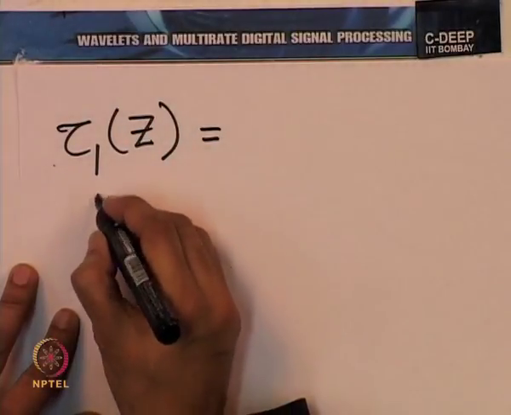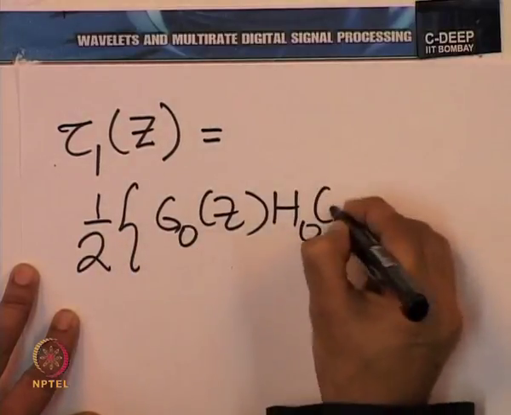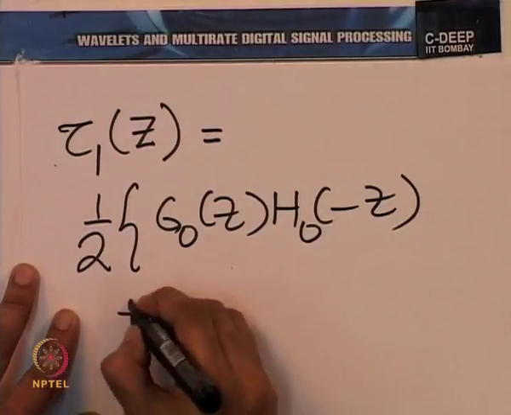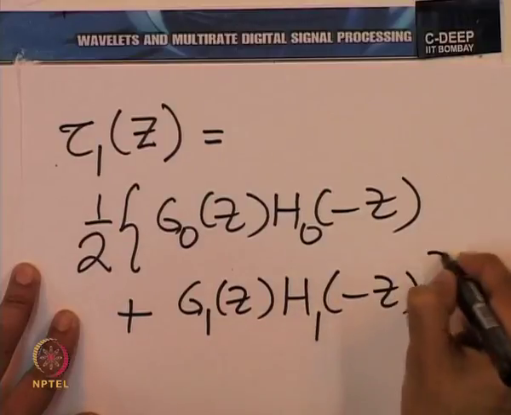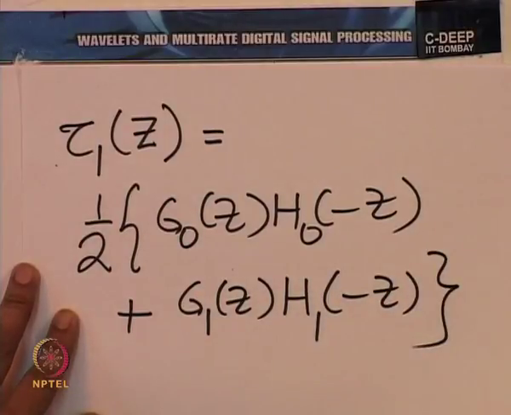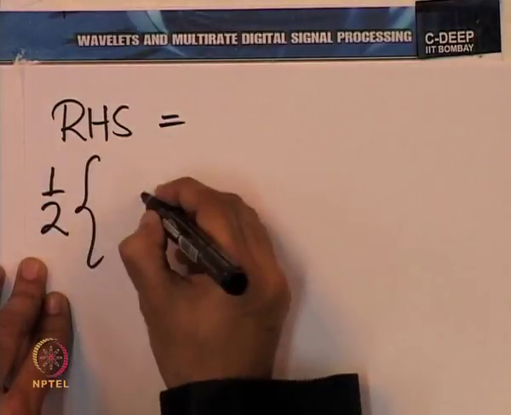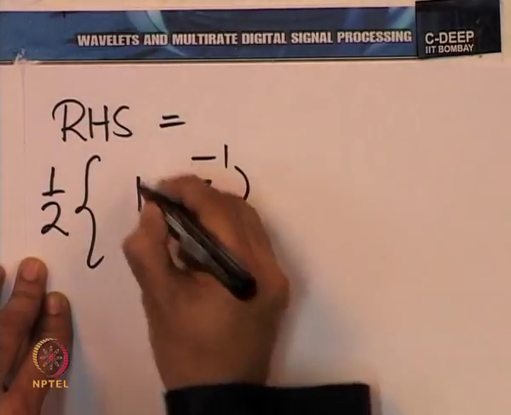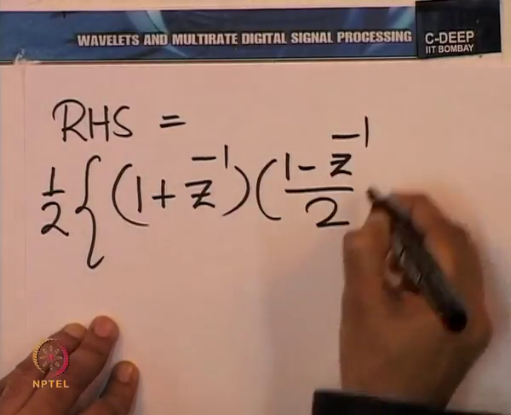Tau 1 z by definition is of course G 0 z H 0 minus z plus G 1 z H 1 minus z, and with our definitions of G 0, H 0, G 1 and H 1, we have the right hand side becoming simply half G 0 is 1 plus z inverse, H 0 minus z is 1 minus z inverse by 2.